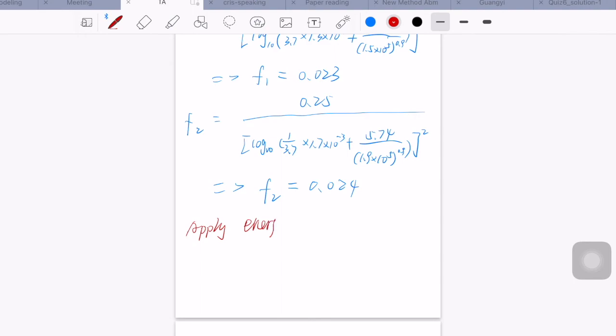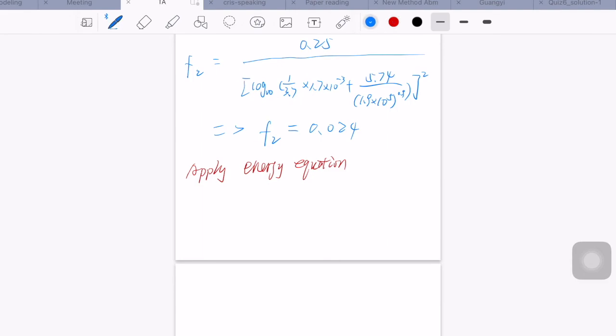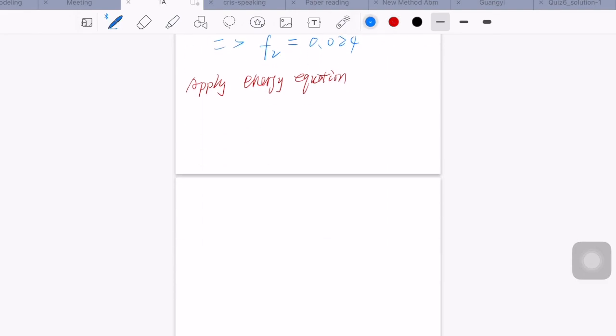And then we apply the energy equation between reservoir A and B. So we have PA over gamma plus VA square divided by 2g plus ZA should be equal to PB over gamma plus VB square divided by 2g plus ZB plus the head loss.